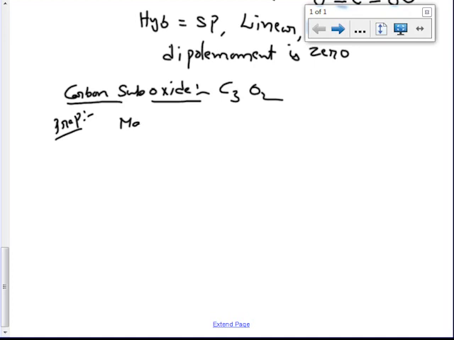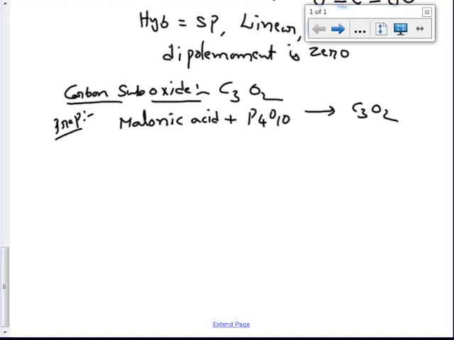How to prepare it: from malonic acid. You add P4O10, phosphorus pentoxide, which is a dehydrating agent. In organic chemistry, dehydrating agents include Al2O3 at a particular temperature, P4O10, and concentrated sulfuric acid. Then it gives carbon suboxide, C3O2.